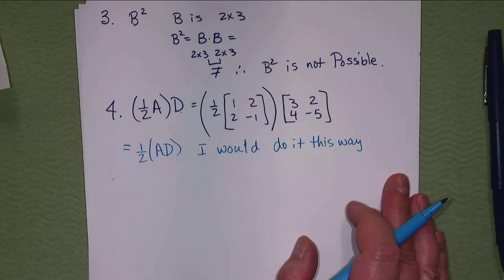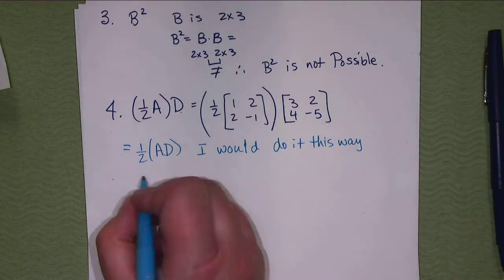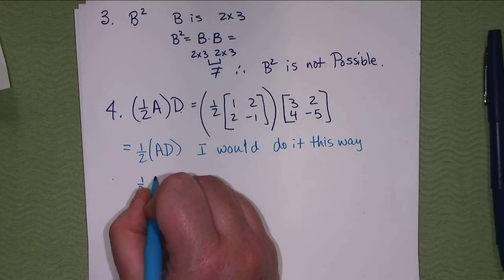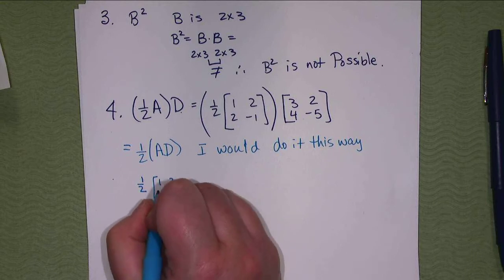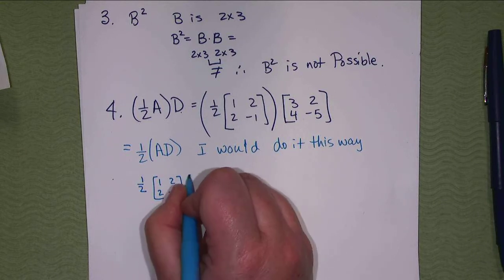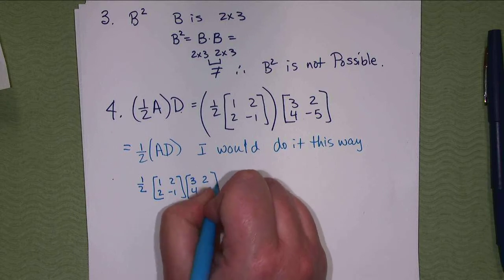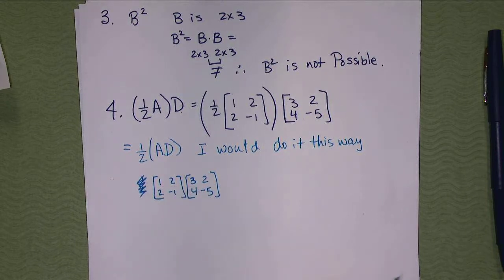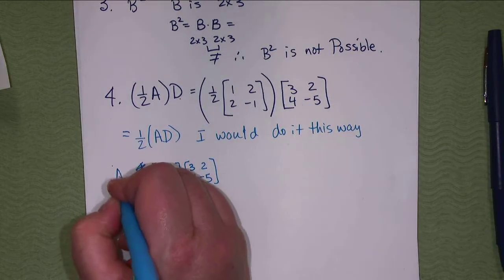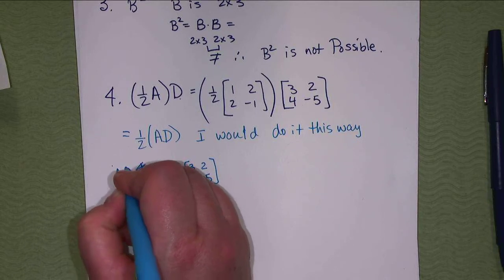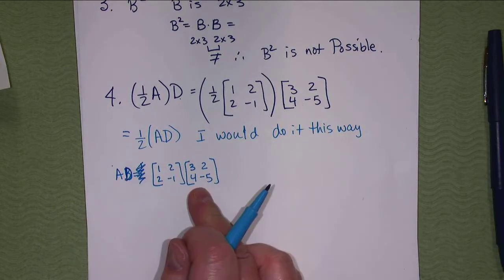So 1/2 A times D. So first, forget about the 1/2 for a minute, and I'm just going to find A times D. Oops. So once I find A times D, then I'll put the 1/2 back in front and find that answer.